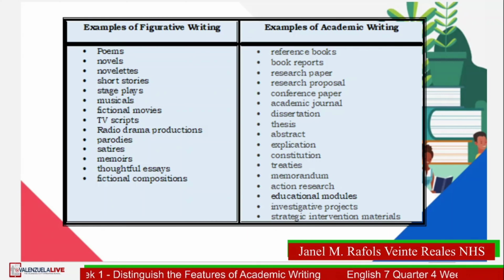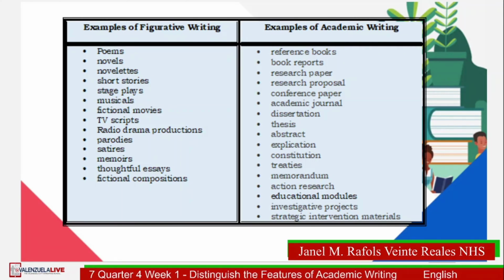We also have here examples of figurative writing, and examples for academic writing. For figurative writing, we have poems, novels, novelettes, short stories, stage plays, musicals, fictional movies, TV scripts, radio drama productions, parodies, satires, memoirs, thoughtful essays, and fictional compositions.